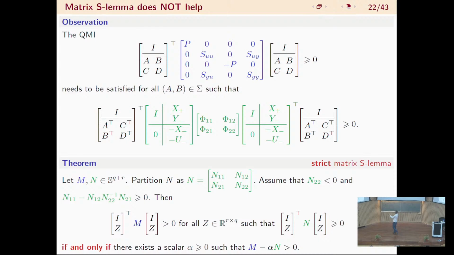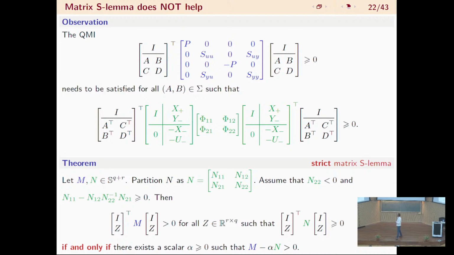So this was the strict matrix S lemma. As you see, I have Z here as unknown, Z here as unknown. But now I have A, B, C, D in one, and its transpose in the other one. So I cannot apply the matrix S lemma. Unless, of course, there is a way to pass from Z to Z transpose while keeping the quadratic matrix inequality.